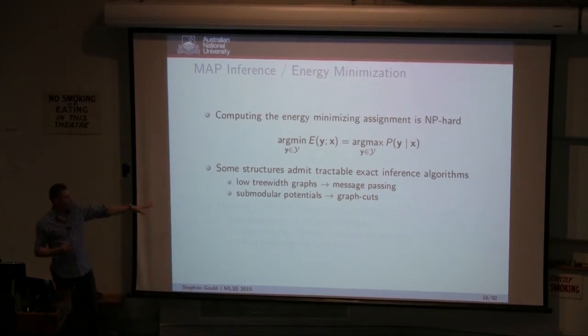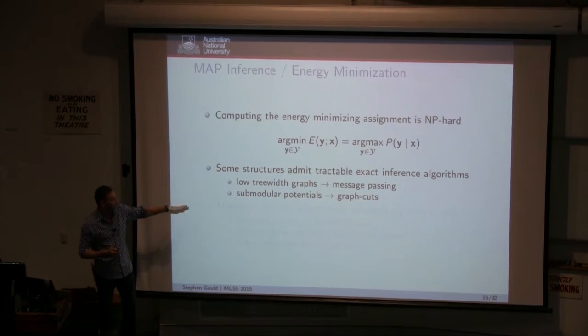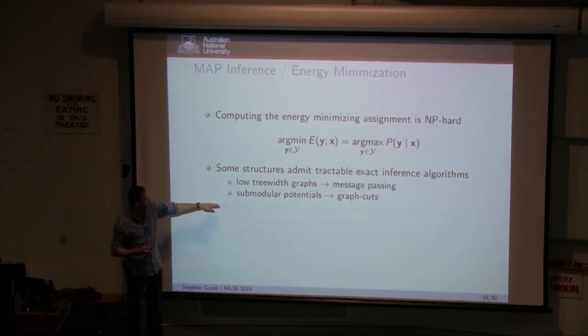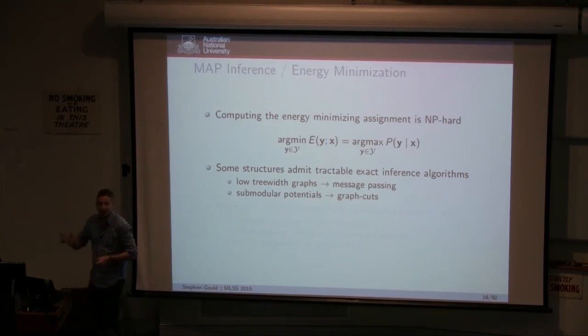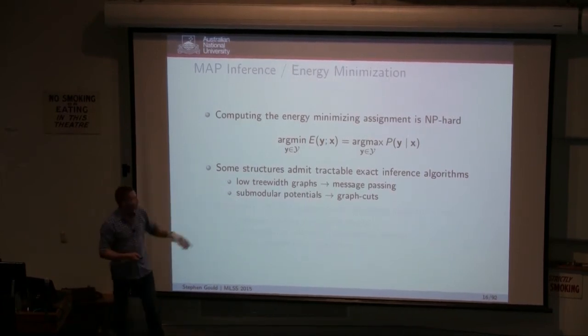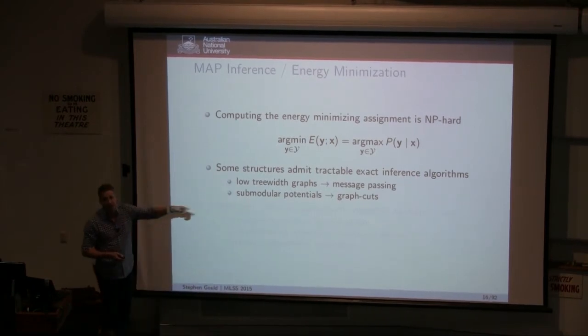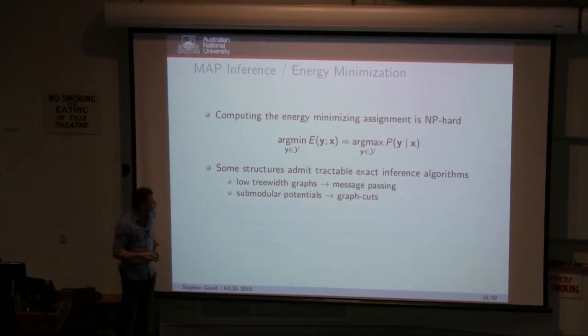One of the big impacts in computer vision, probably in the last 10 years, is that if we have energy functions which have a particular property known as submodularity, then we can use graph cuts to infer the output labels very, very quickly. And I'll go through the graph cut algorithm later in the tutorial.